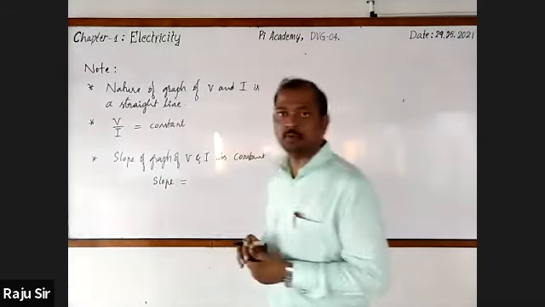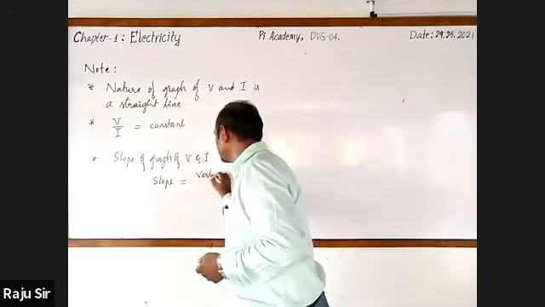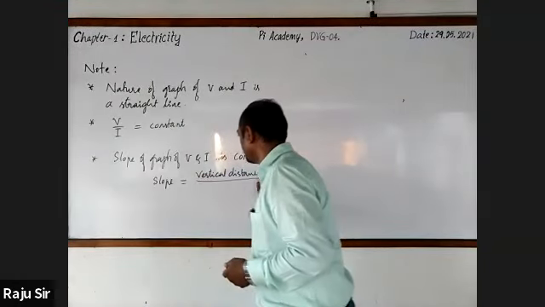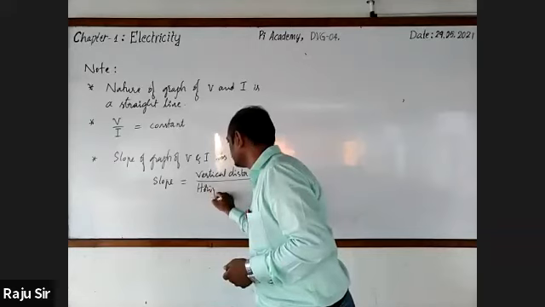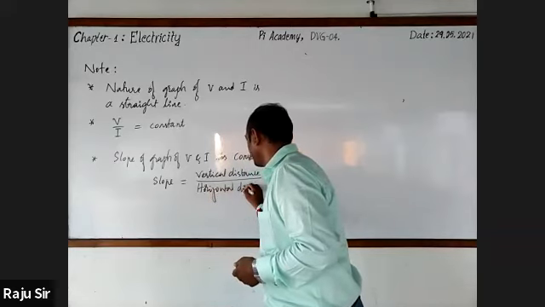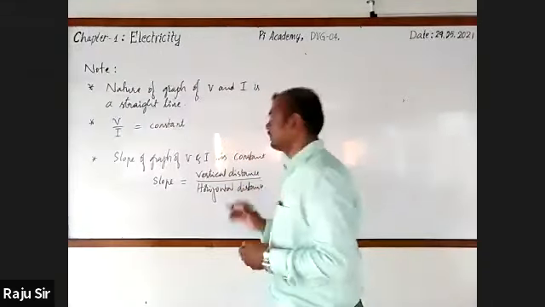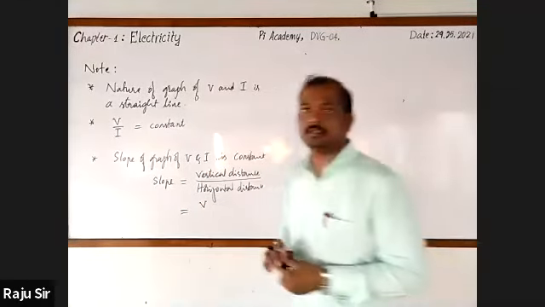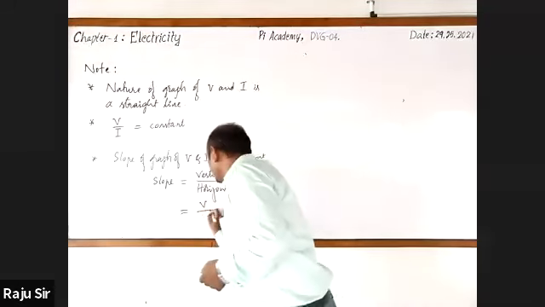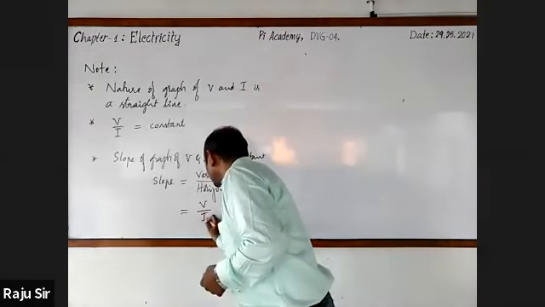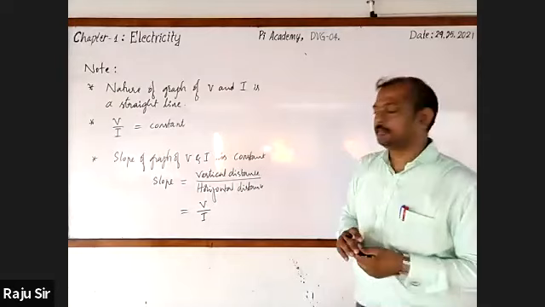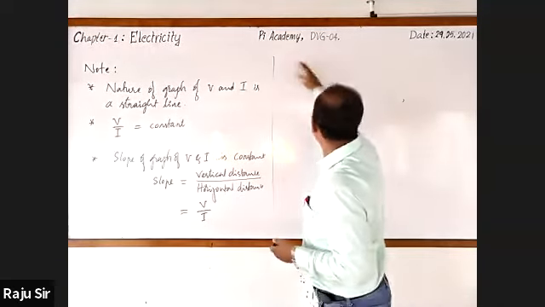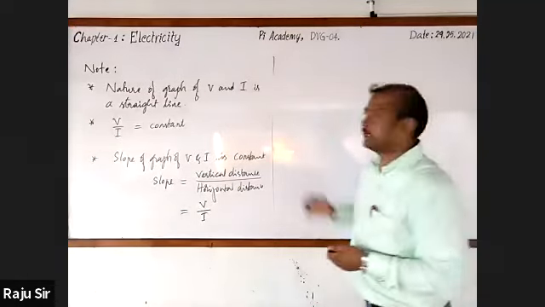Slope is equal to vertical distance, it is for your information, by horizontal distance. That vertical distance is nothing but voltage. The horizontal distance is I, that is current. Next point.